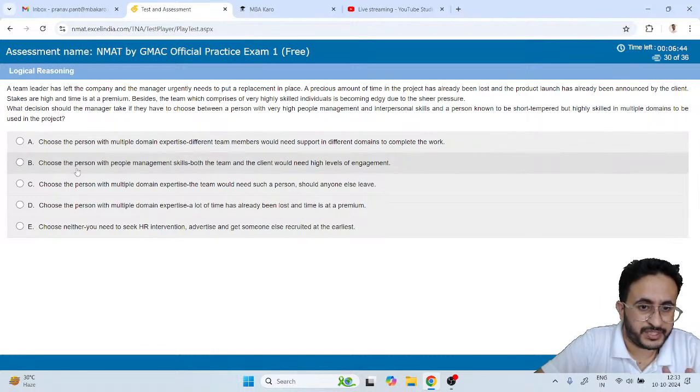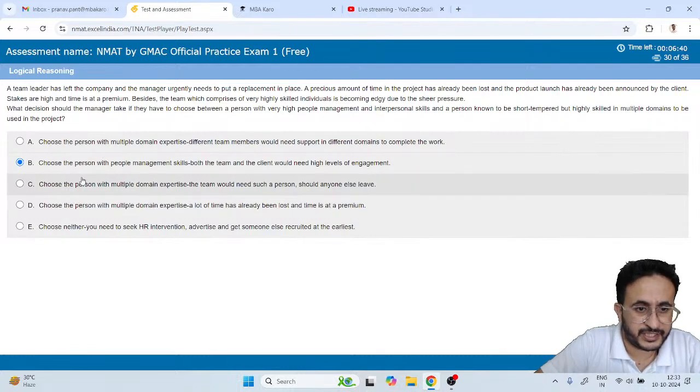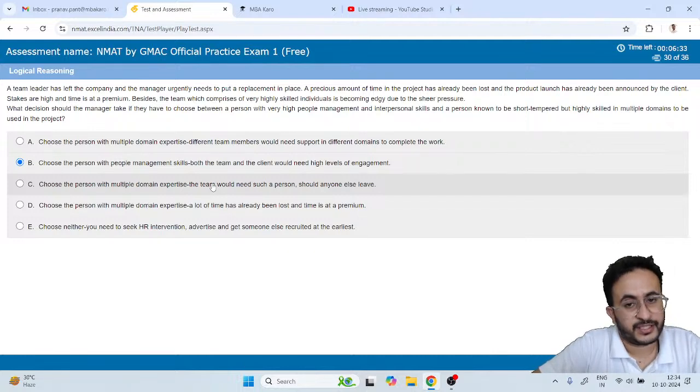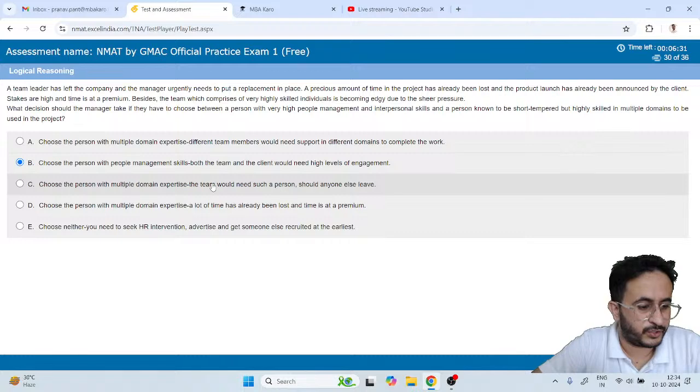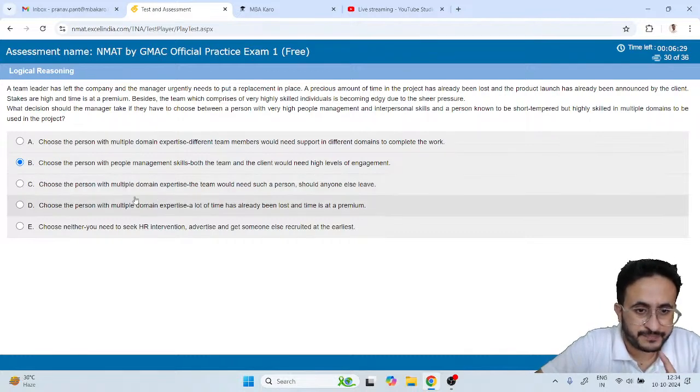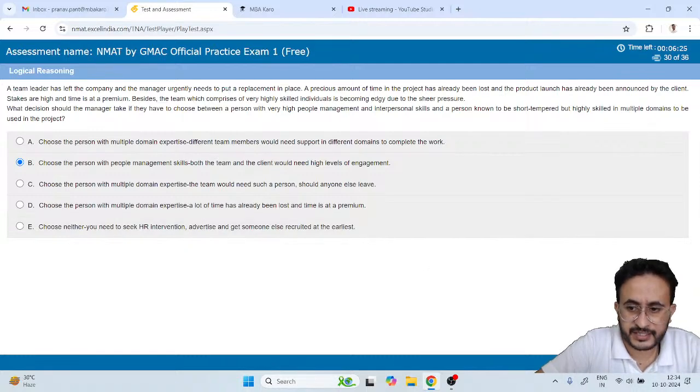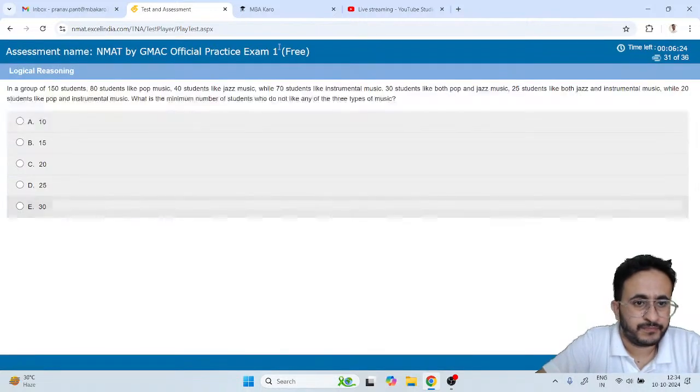With multiple domains and people management skills, both the team and the client would have high levels of engagement. Multiple domain expertise, no, because he's short-tempered and that person can ruin your relationship with the client. So the second is the right one, an easy one.